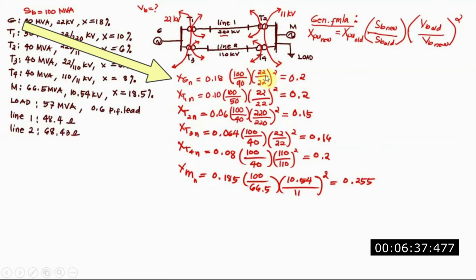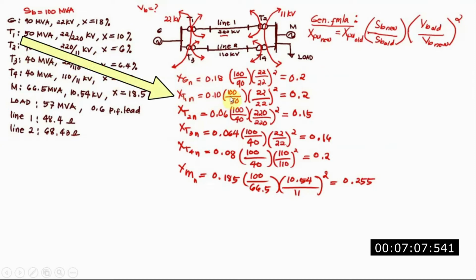For the base voltage old, that will be 22 kV, and for the new we have 22 also, so you divide, that's equal to 1, and squared. You compute, and it will give you the new generator X per unit, which is 0.2 per unit.